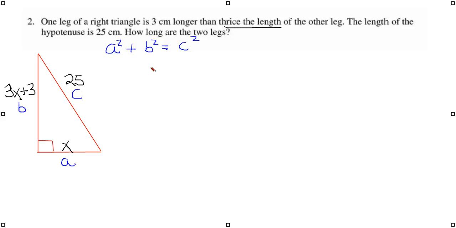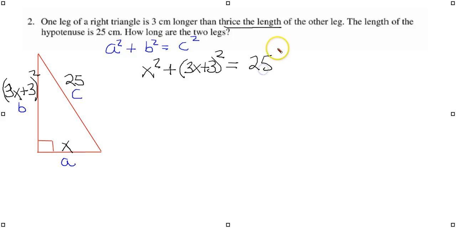A leg, which is x, that would be squared, plus the b leg, that needs to be squared, I get a kick out of that word trice. Haven't seen that around lately. Anyway, is equal to 25 squared.